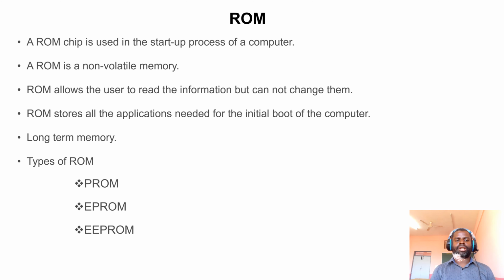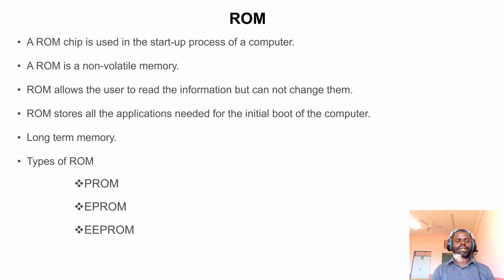So the content available in the ROM, we can only read it. But we cannot write any new content to the ROM. ROM stores all the applications needed for the initial boot of the computer. And again, ROM has long-term memory.